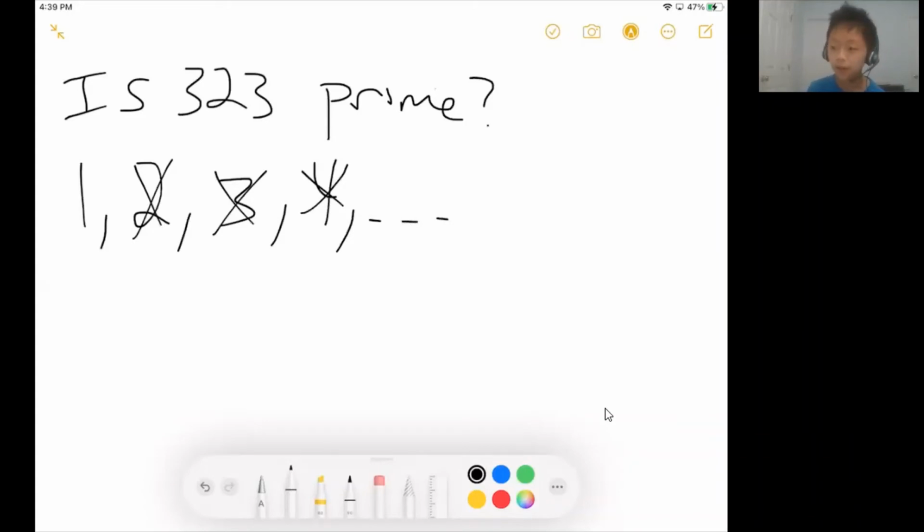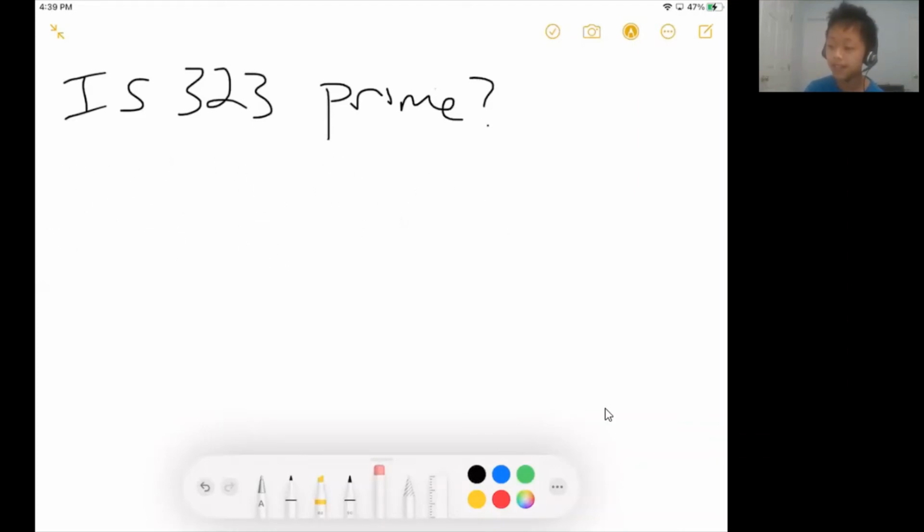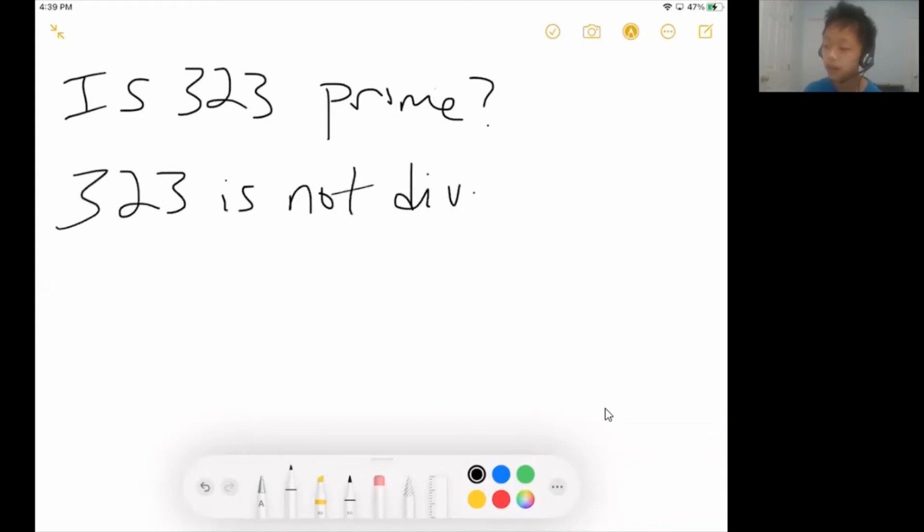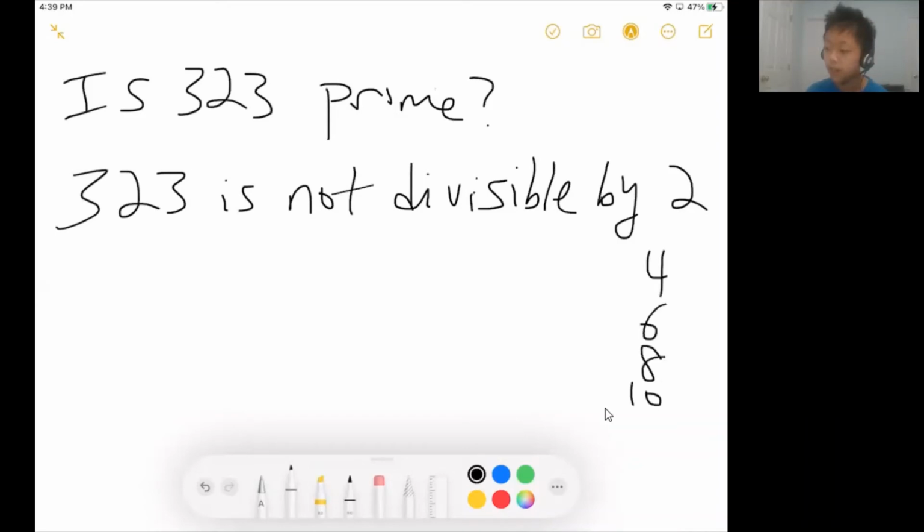So it turns out, we only have to actually check the prime numbers, because let's say we found 323 is not divisible by 2. Then that means we don't have to check any other number that is a multiple of 2. We don't have to check if it's divisible by 4, 6, 8, 10, and so on.